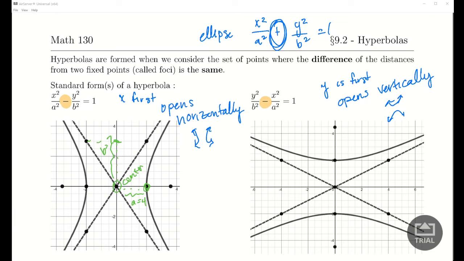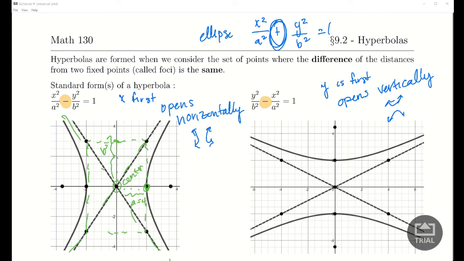Notice right here, there's this box where you would typically count and then form your ellipse. Now, instead of drawing an ellipse there, I'm going to draw this box. And then through the corners of the box, we'll draw these asymptotes, the diagonals here. And then we will fit the hyperbola around that. That's basically creating our framing.